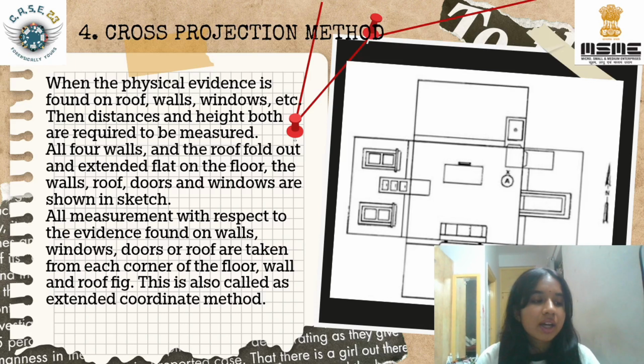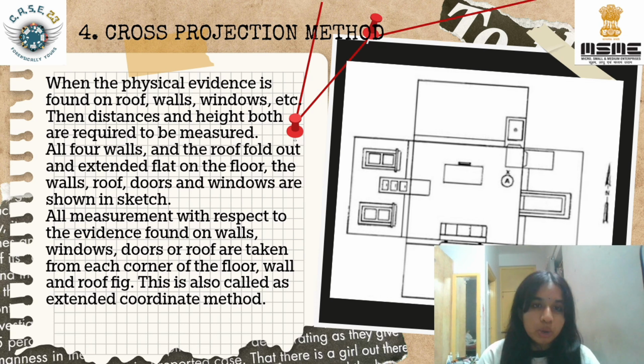In such a crime scene, the cross projection method involves creating a two-dimensional drawing of the crime scene by projecting measurements from two or more reference points. So there is not just one reference point or a baseline or two different points as we have observed in previous methods. There are either two points or more than two points. This method is useful for sketching complex crime scenes or scenes with multiple levels or multiple floors.